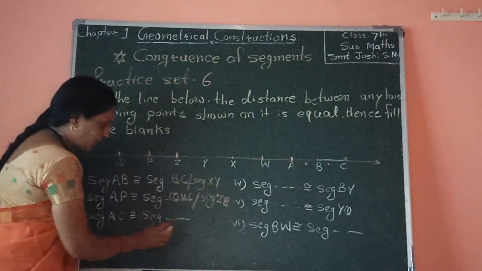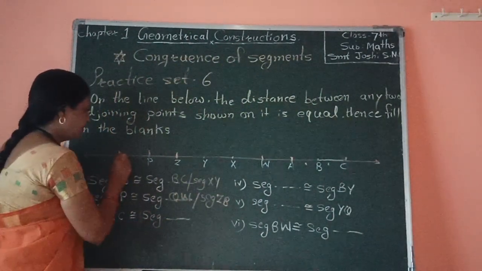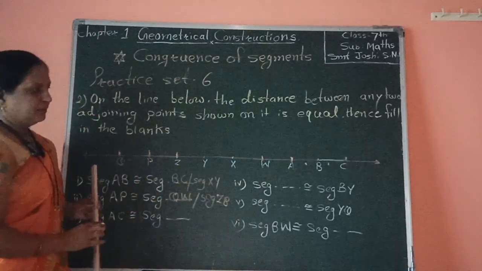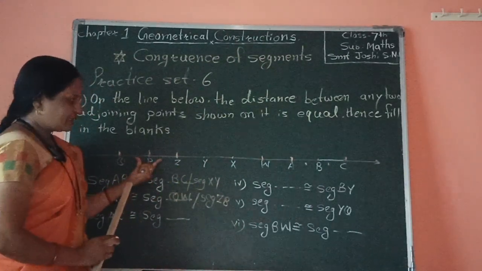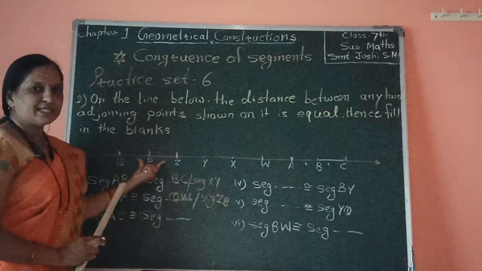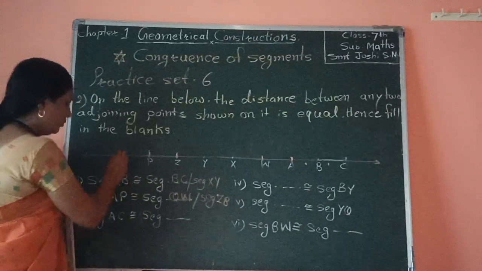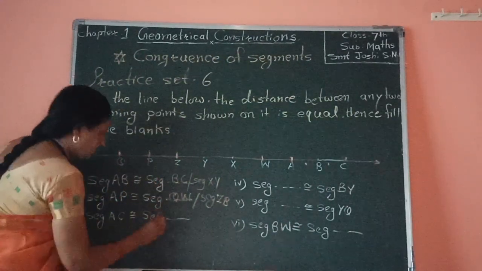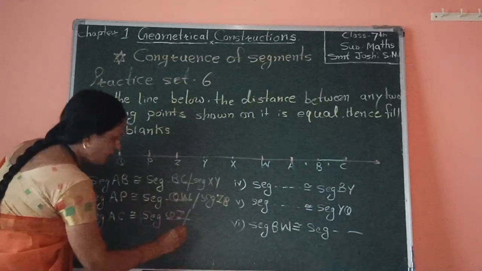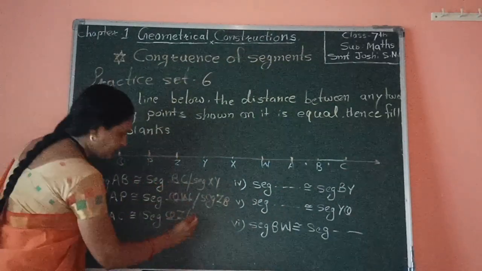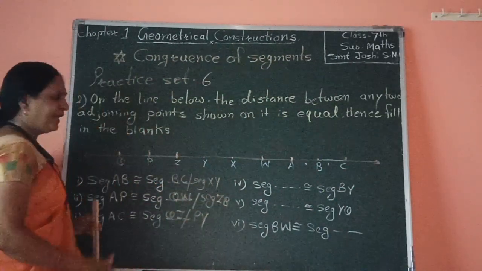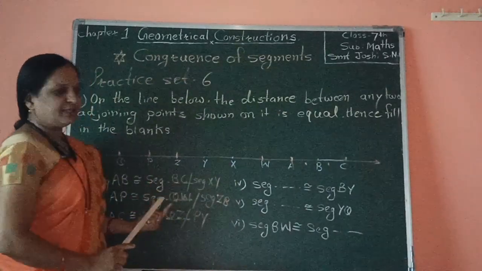The congruent segment is any 2 points you take in which the distance is 2 units. QZ, or PY, any. You can write different answers.